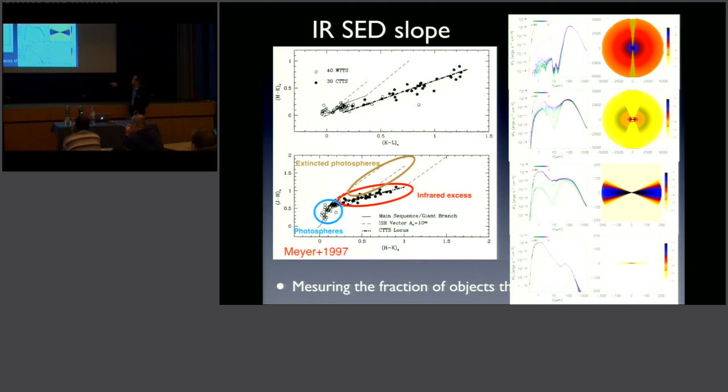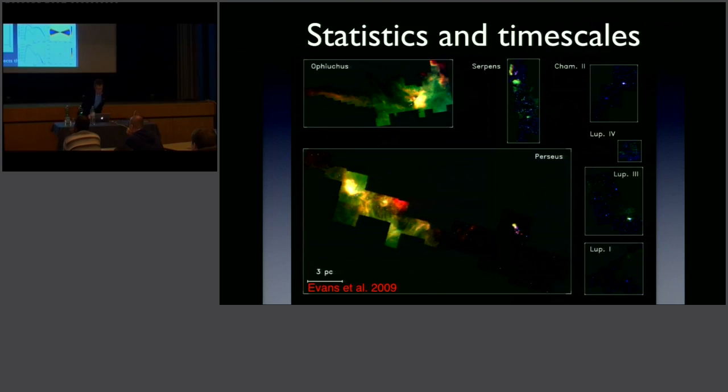When you go to 3 microns and beyond, the excess becomes more important and you see it more clearly. These were the original reasons why surveys at infrared wavelengths of star-forming regions were so important to derive a census of the objects in the different categories.